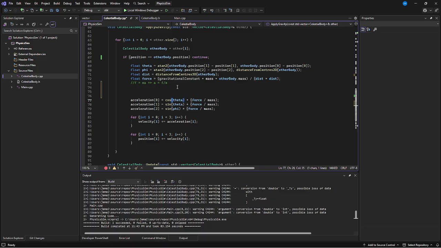So this theta, which already is defined, is the angle between the two bodies. And phi is also the angle between the two bodies on a 3D scope. Basically, cosine and sine really are good for 2D, and they're the goats with theta. But there's no 3D trig function really, so you can't just use sine theta.